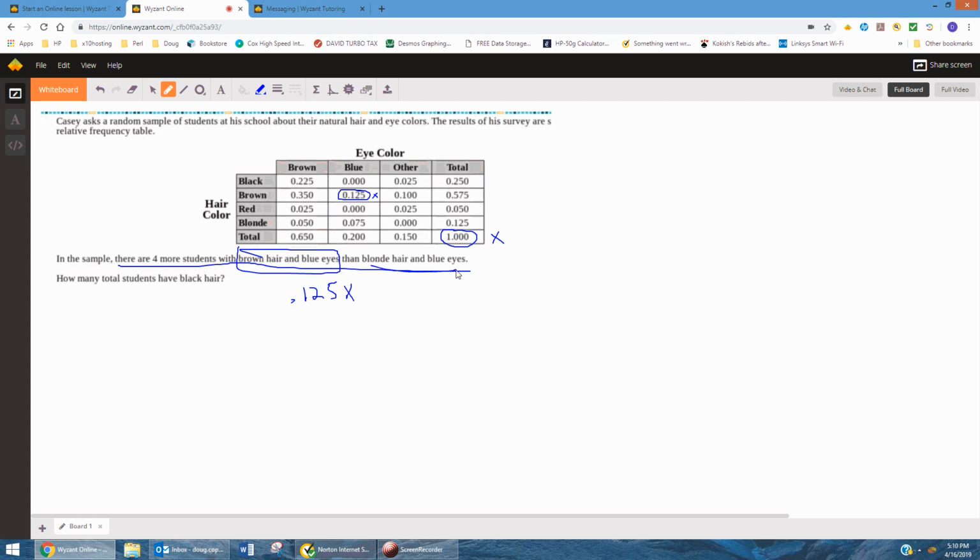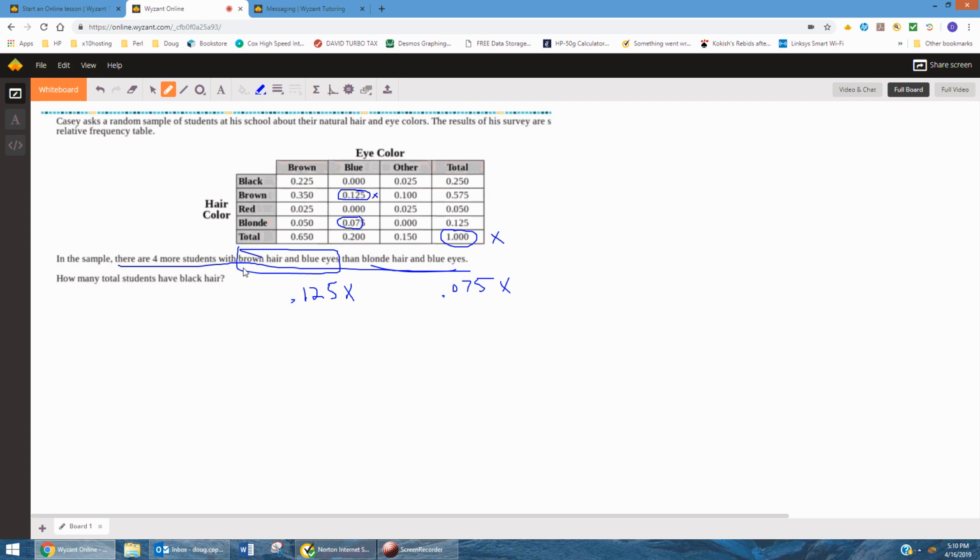And blonde hair and blue eyes is this box. So blonde hair and blue eyes is 0.075x. And this represents the number of students that appear in each of these blocks.